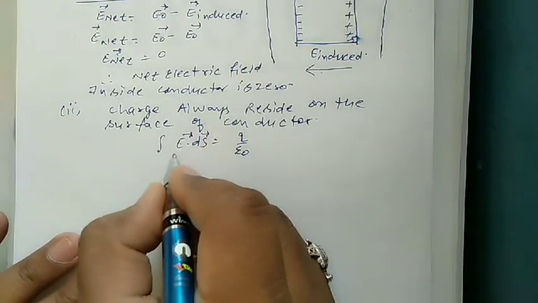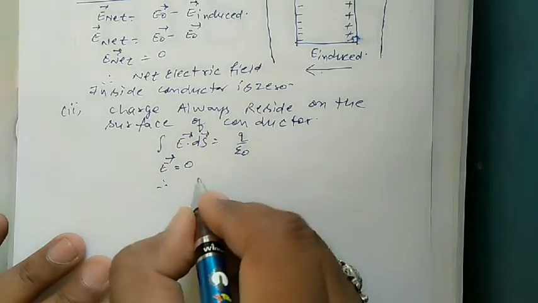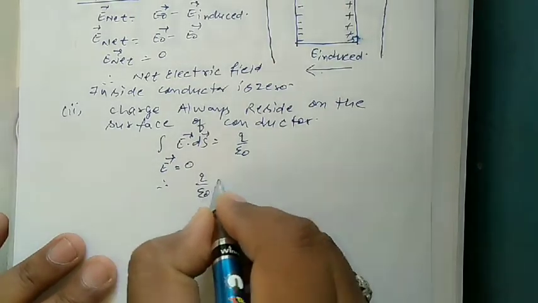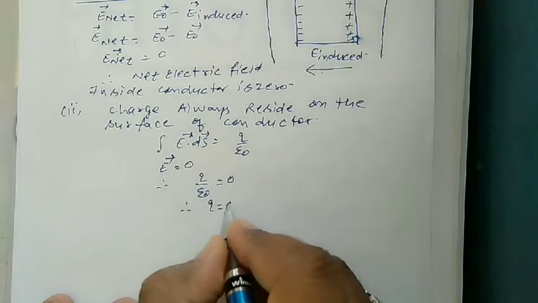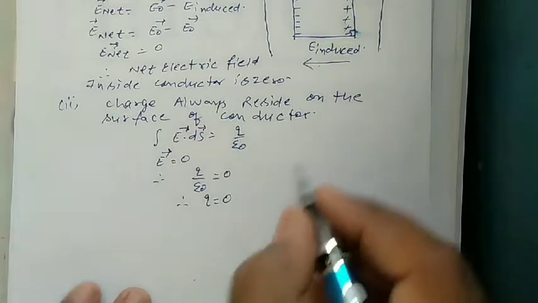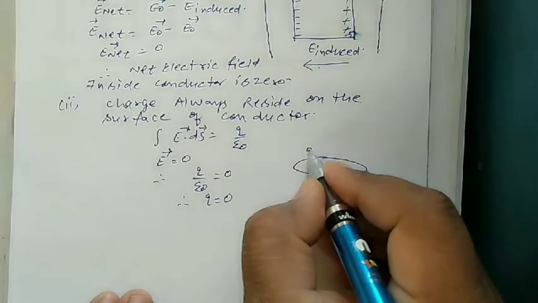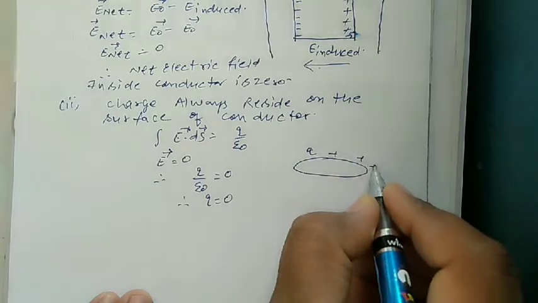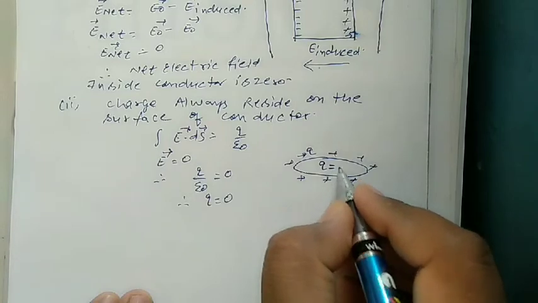We know electric field inside the conductor is 0. Therefore q upon epsilon 0 equals 0. Therefore charge will be 0. So we can say that on the conductor, charge always resides on the surface of a conductor, and inside the conductor charge is always 0.